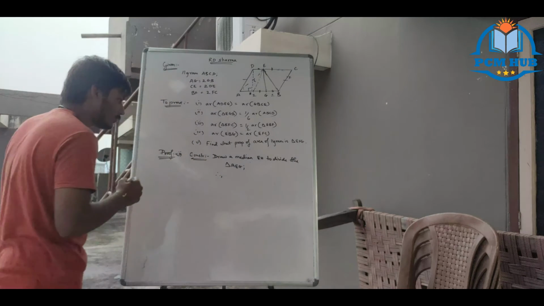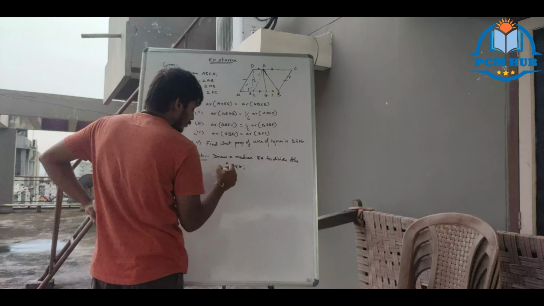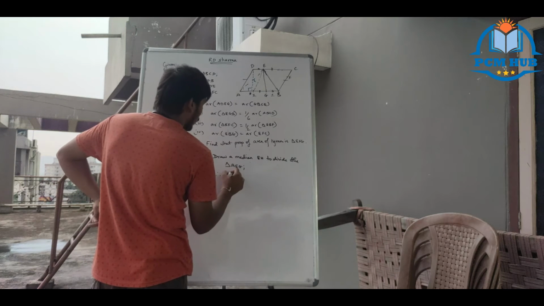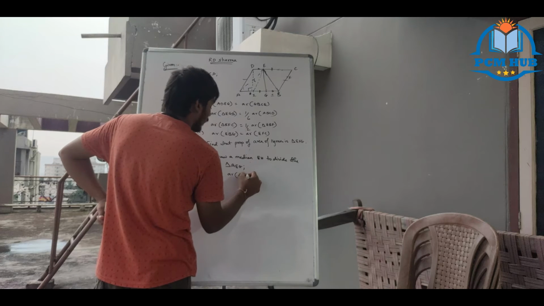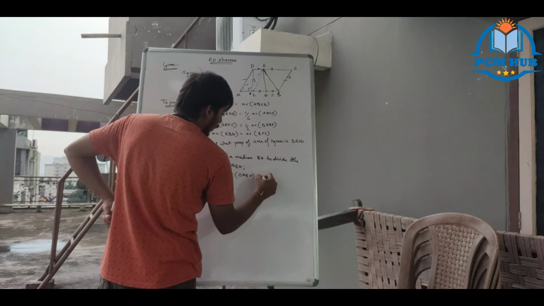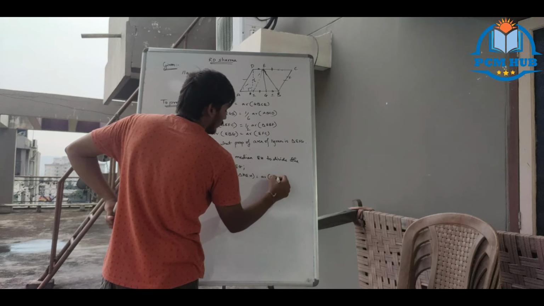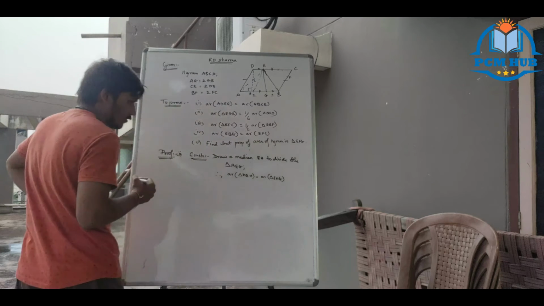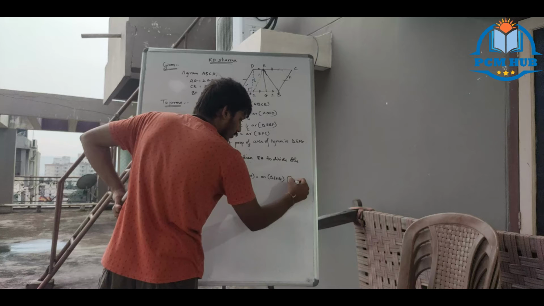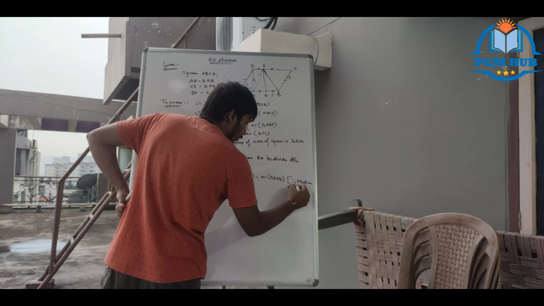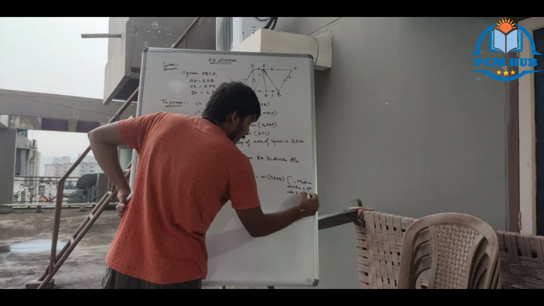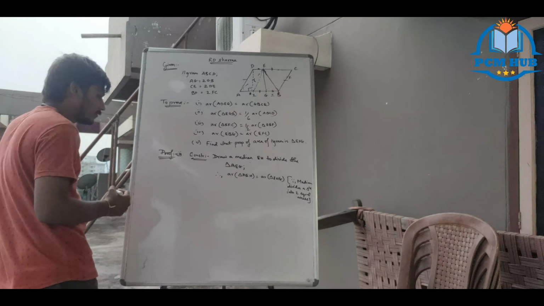Therefore, area of triangle AEH is equal to area of triangle EHG. Reason: a median divides a triangle into two equal areas or halves.